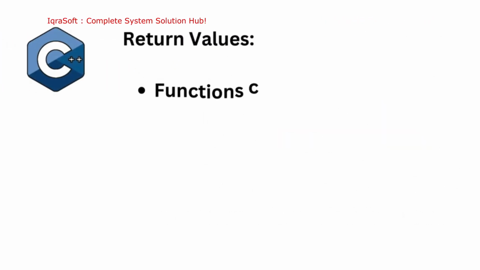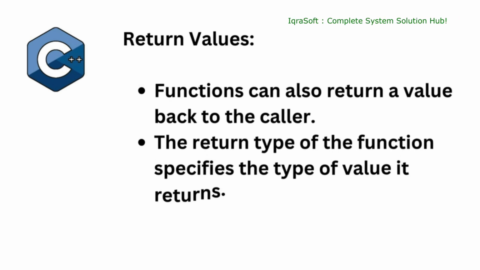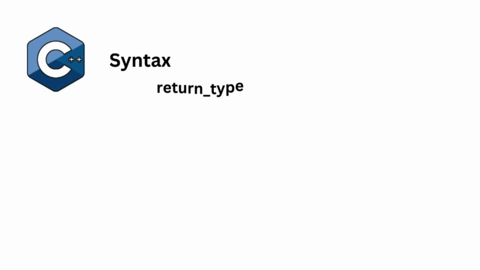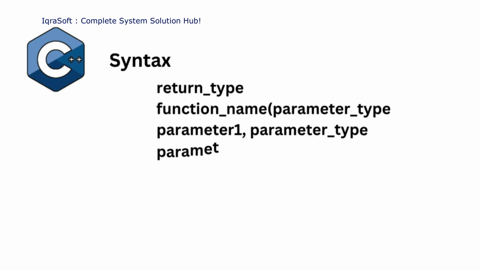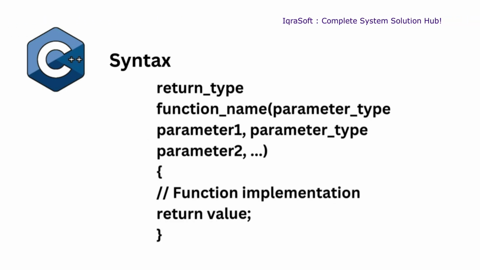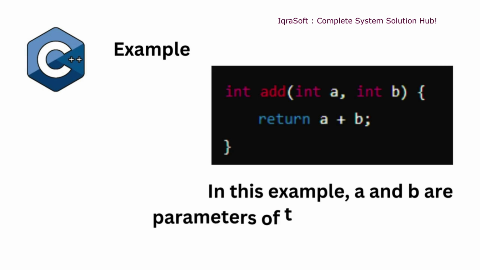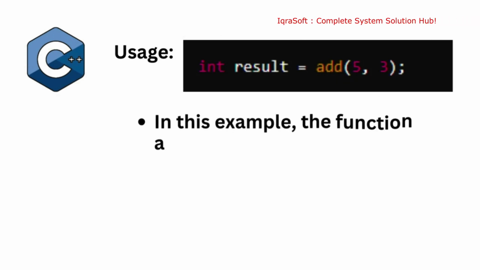Return values. Functions can also return a value back to the caller. The return type of the function specifies the type of value it returns. Syntax: return_type function_name(parameter_type parameter1, parameter_type parameter2) { function implementation; return value; }. Example: int add(int a, int b) { return a + b; }. Usage: int result = add(5, 3).